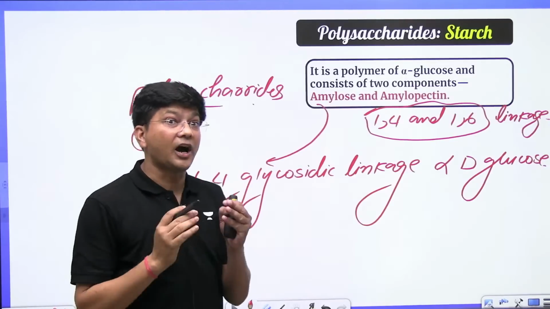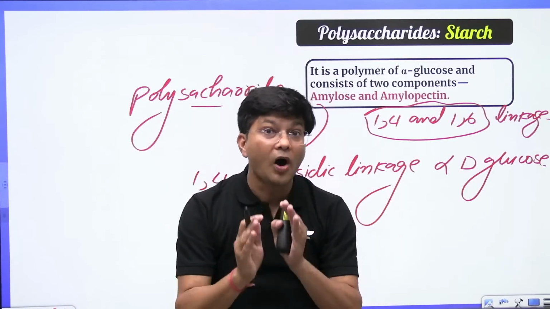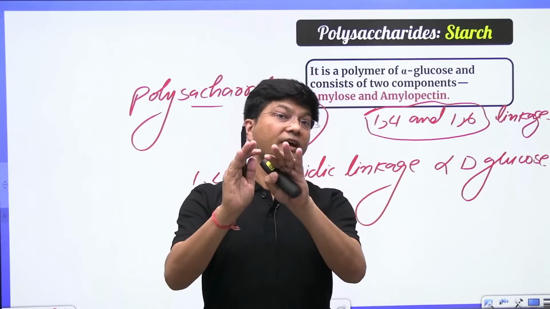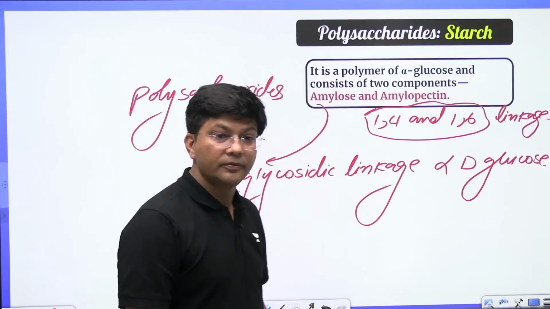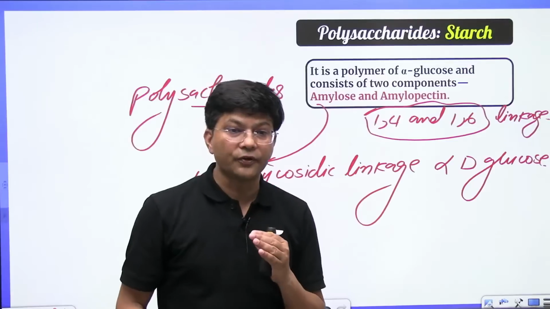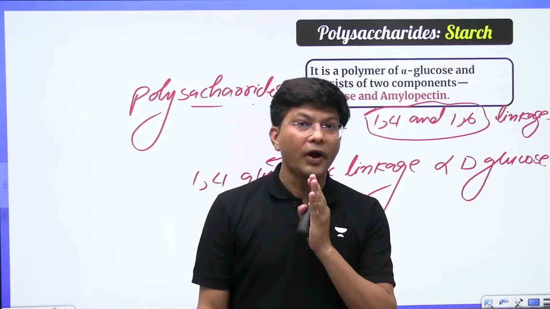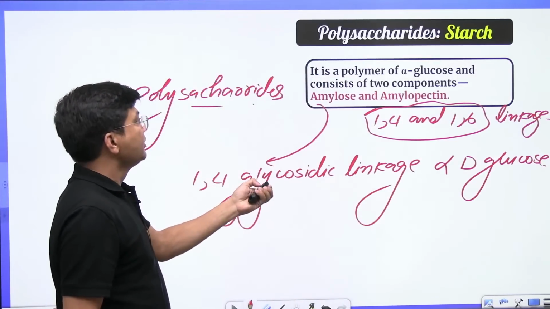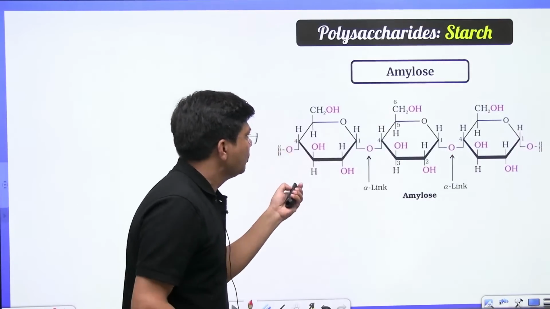And if I talk about polysaccharides, their first carbon is involved in bond formation, so they are not going to show the Tollens test and Fehling test. So they are non-reducing. Are you getting my point? Number of alpha D glucose units combine to form starch amylose.